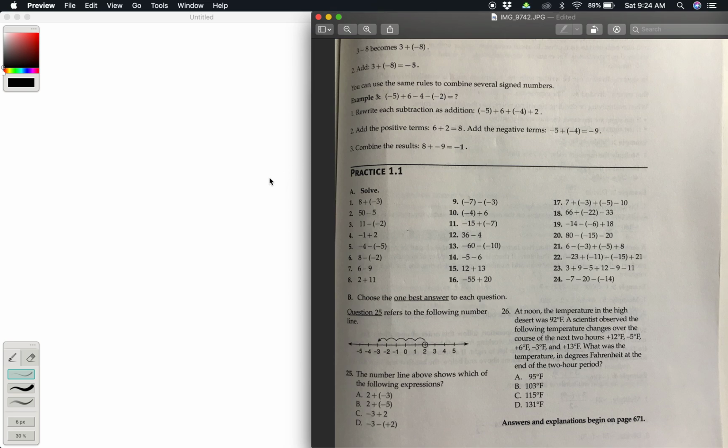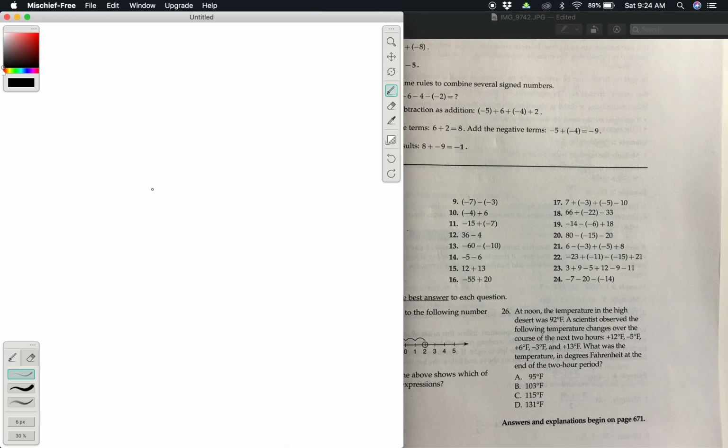I don't know if I'll be able to write this concept out, but 4 minus -2, you're basically removing a negative amount, and the way it's written, it's basically adding a positive amount.